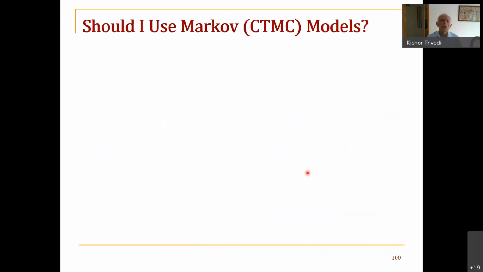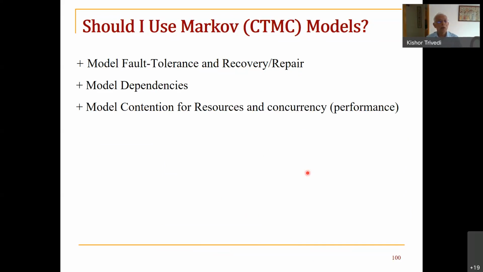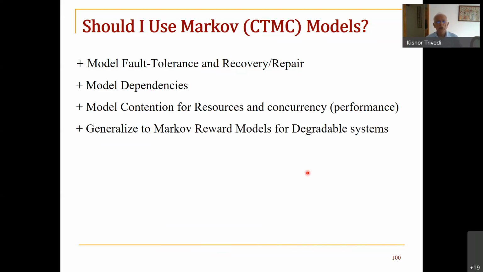So the question now is, have we found the final answer, namely continuous time Markov chains? Well, yes, they can model all kinds of fault tolerance behaviors, all kinds of recovery and repair behavior. They can model all kinds of dependencies. They can model contention for resources, concurrency, performance, etc. They can be generalized to Markov reward models to model degradable systems.